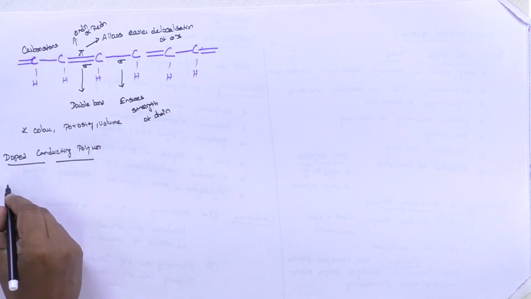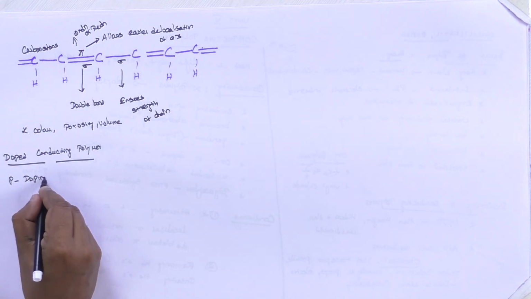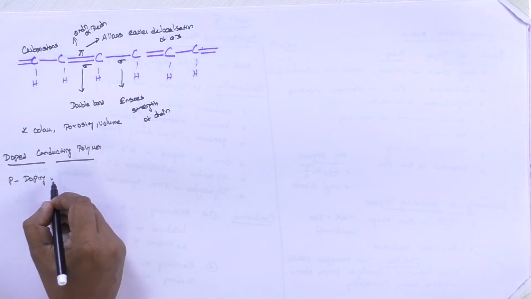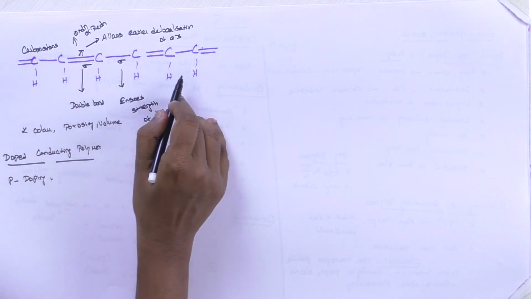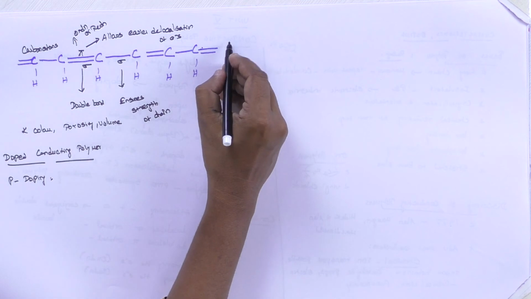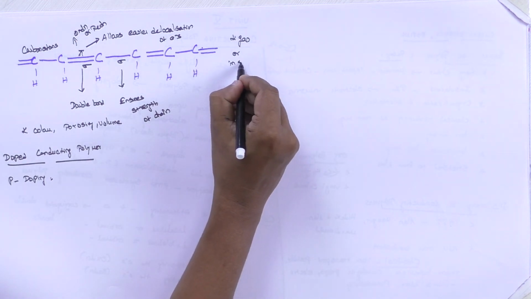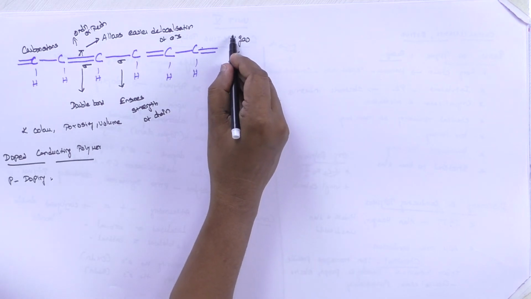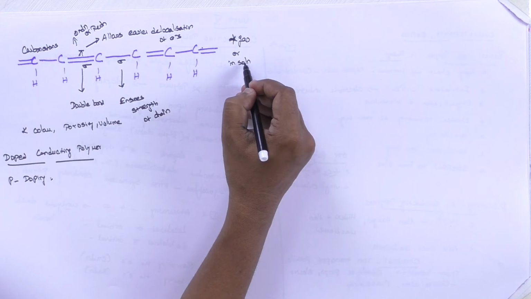Now I am going to talk about p-doping here. The conducting polymers are obtained by exposing a polymer chain to a charge transfer agent, and this may be carried out in a gas phase or in a solution phase, and this is called a conducting polymer.